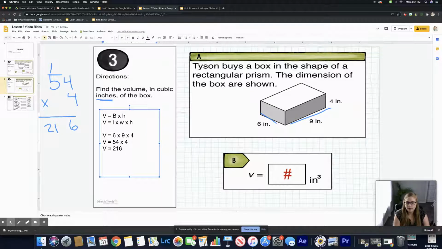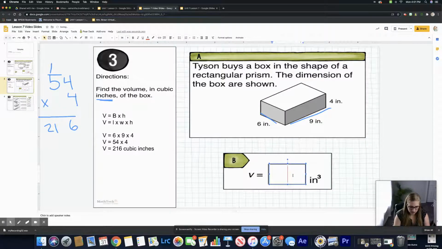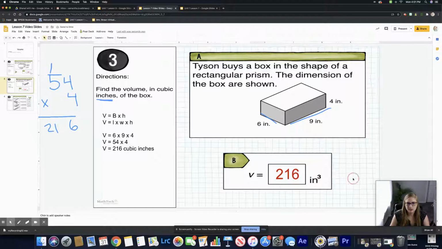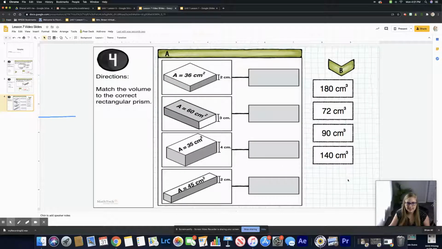And remember, it wanted my answer in cubic inches, or the other way to write it is inches cubed. So I'm going to put my answer here, 216 inches cubed.